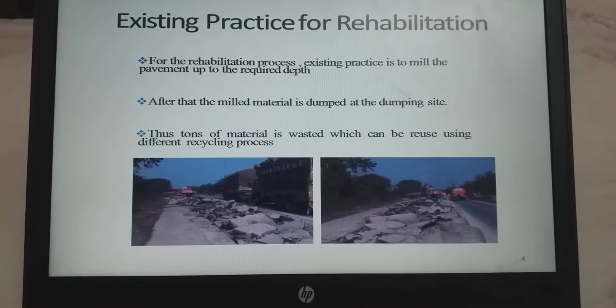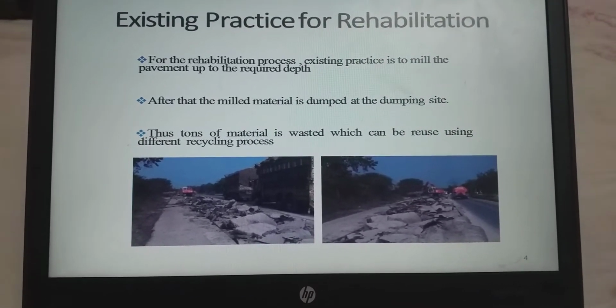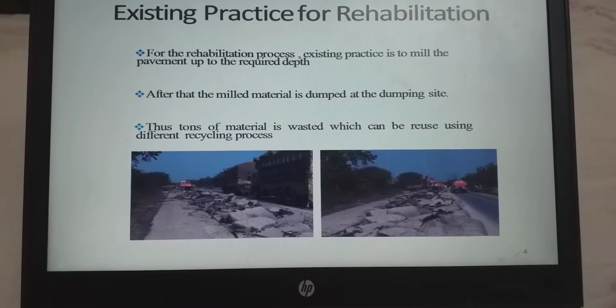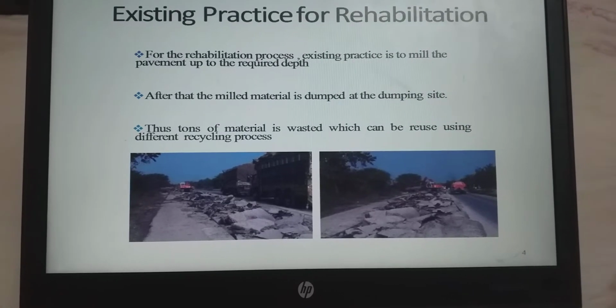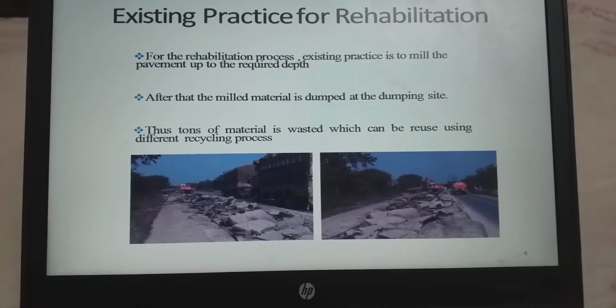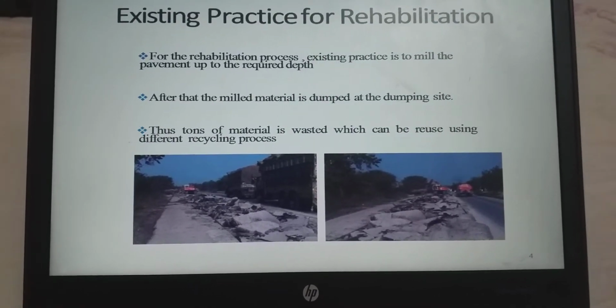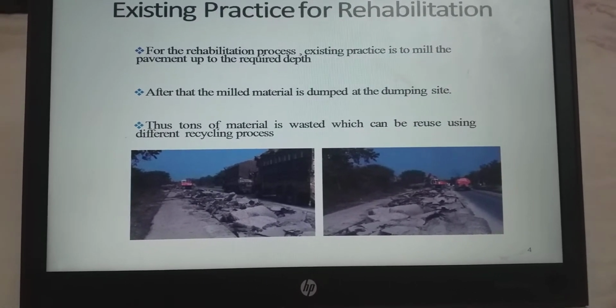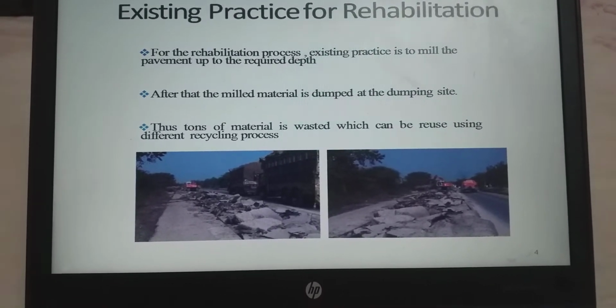See, these are the existing practices of rehabilitation. What is the existing practice? The existing practice is to mill the pavement up to the required depth. As I have told, we can dig the pavement at the required depth.